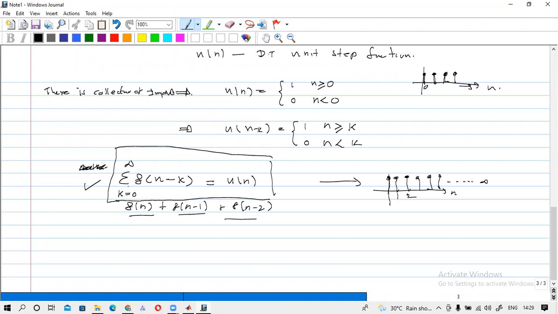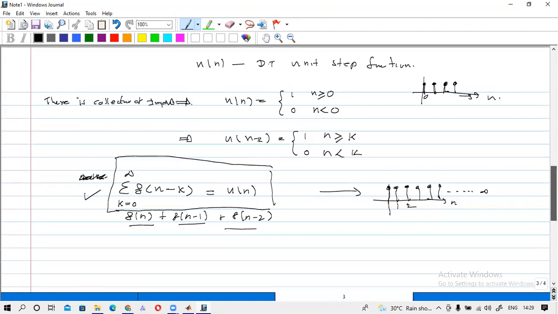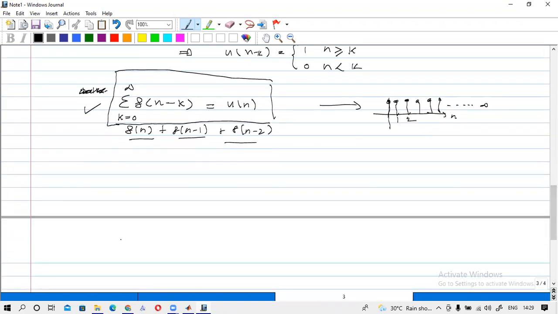Also, I think you may have learned that any signal, any continuous signal x(t), can be converted to a discrete signal.